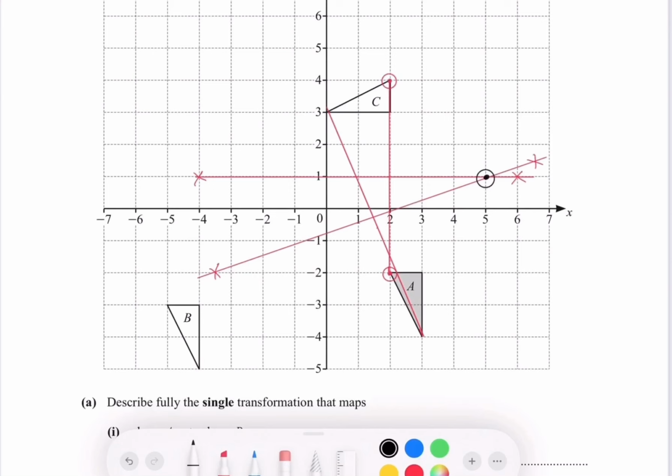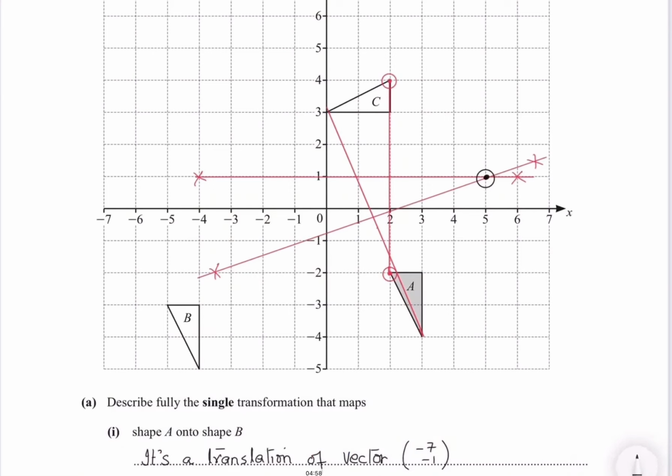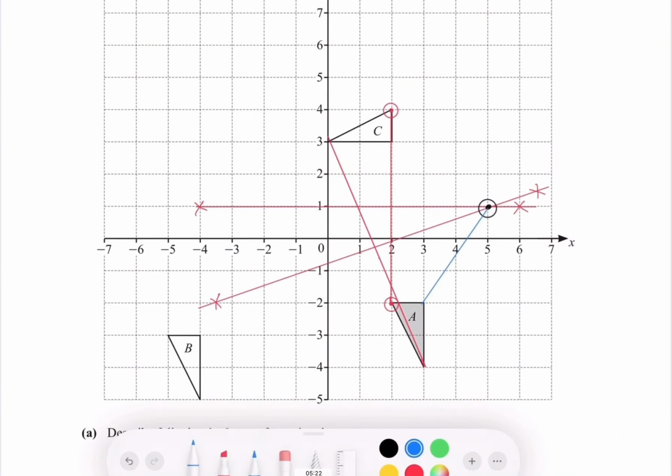Now how to find out whether it is 90 degree or 180 degree. From the center of rotation, join one corner of triangle A like this and join to the other corresponding corner on triangle C. So it is a 90 degree rotation.